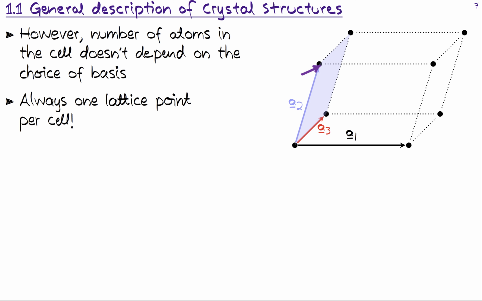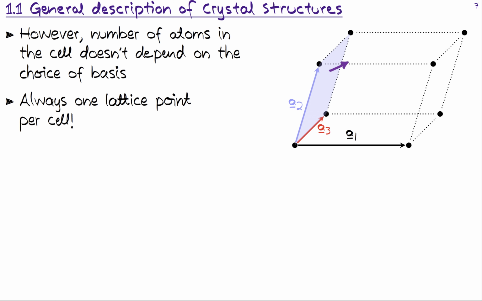So only a single lattice point per primitive cell exists. And we may, for example, put just a single atom into each of these lattice points, and in this case, in this primitive cell, we would have just a single atom inside.